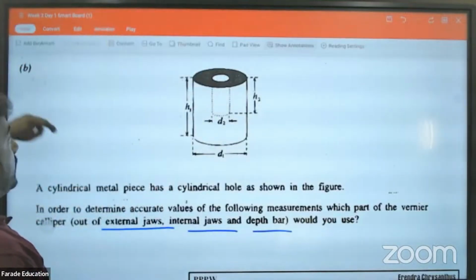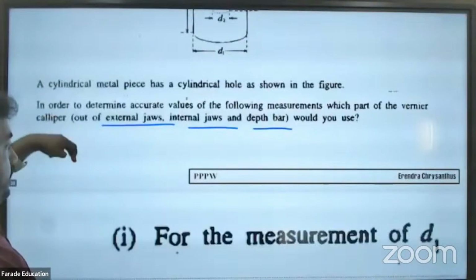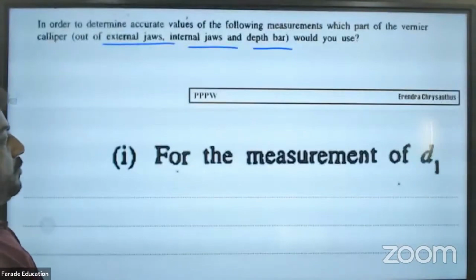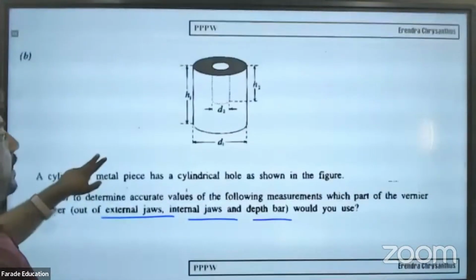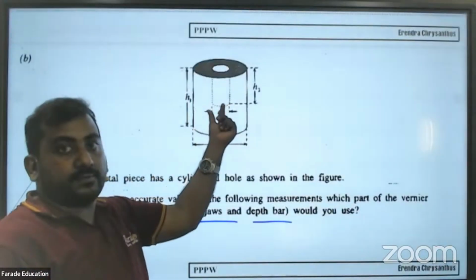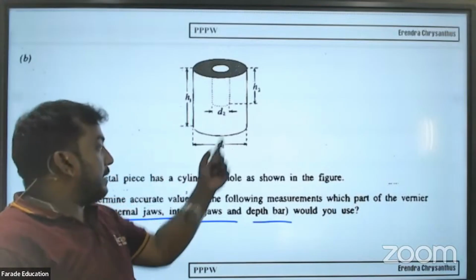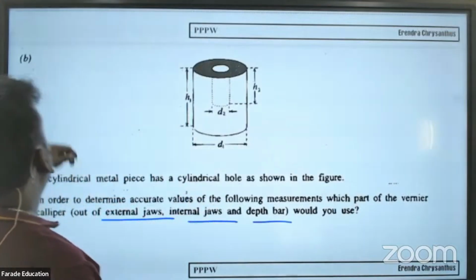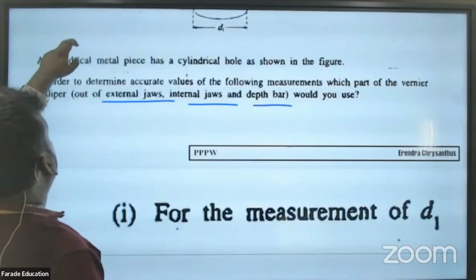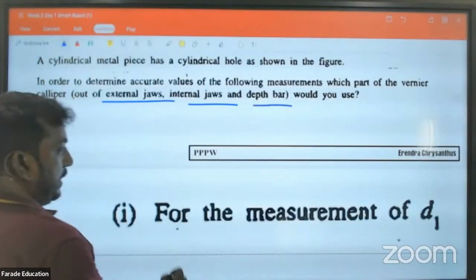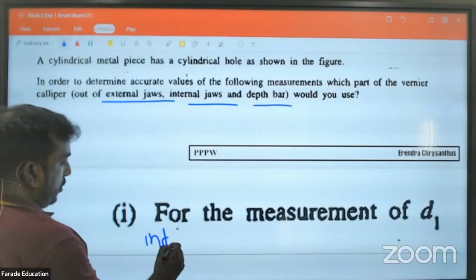Okay. So for the measurement of D1, internal diameter. Internal diameter means what? Internal jaws. So here you go, internal jaws.